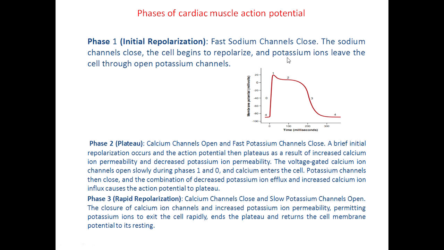Here also you see the potassium ions leave the cell through the potassium channels, and then repolarization occurs. So in phase 3 also, the potassium channels open and the potassium starts to leave the cell, and this leads to the formation of rapid repolarization.